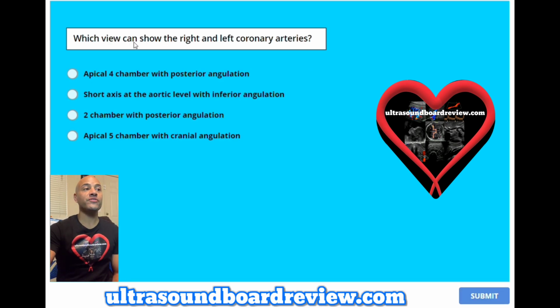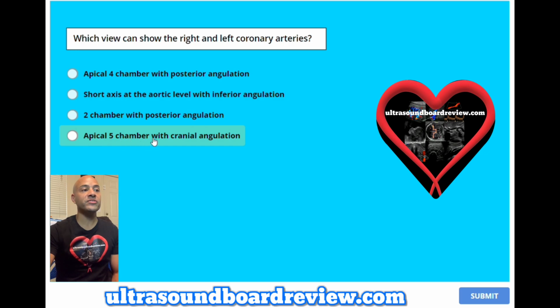Question 98. Which view can show the right and left coronary arteries? A, apical four-chamber with posterior angulation. B, short axis at the aortic level with inferior angulation. C, two-chamber with posterior angulation.